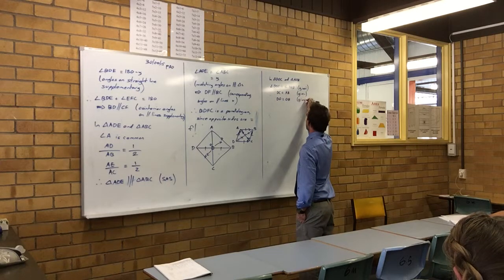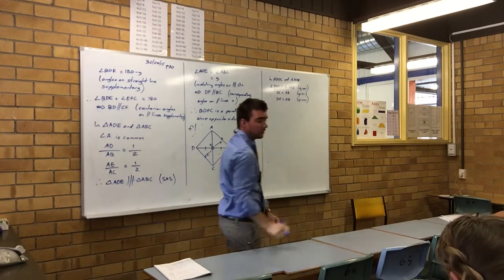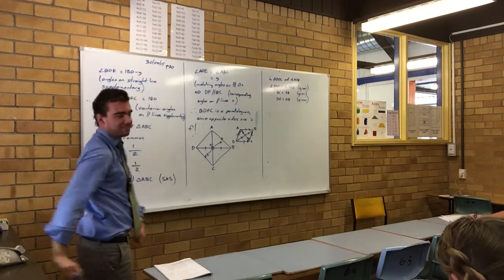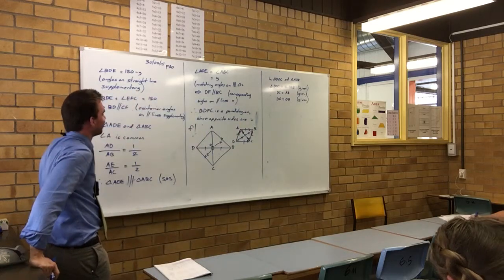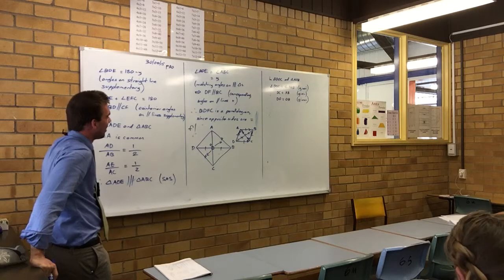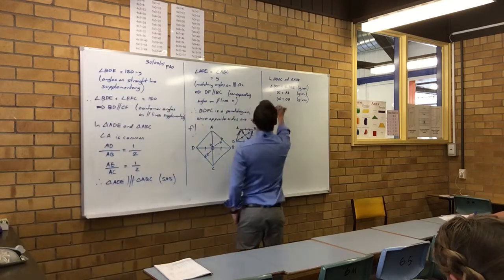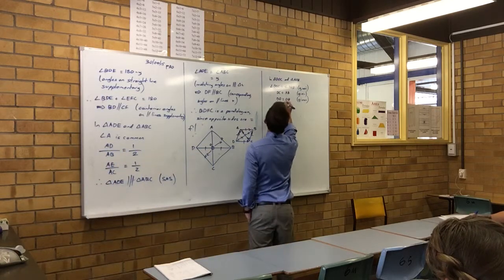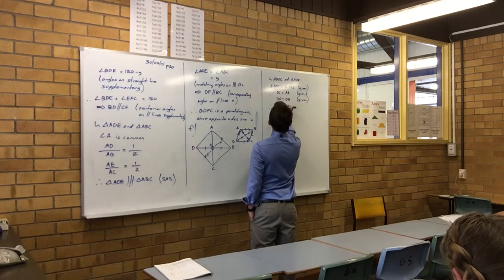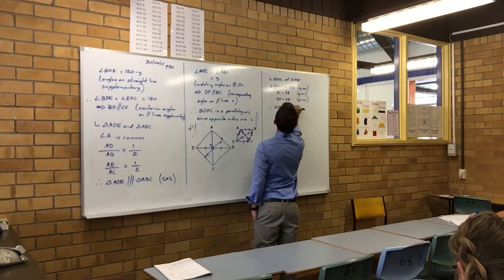Okay, so nice quick proof there because each of the three properties was given. That's what we like, isn't it? Alright, so therefore, triangle DOC is congruent to triangle AOB.